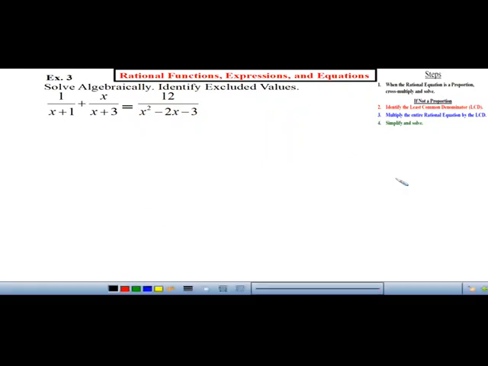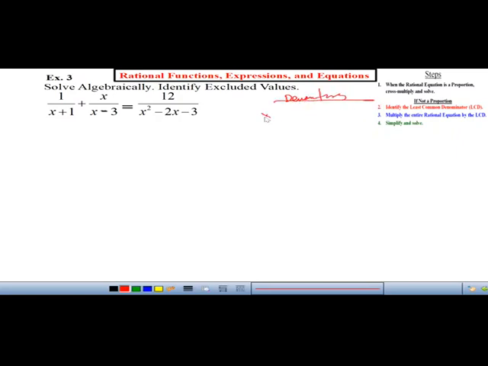We got 1 over x plus 1 plus x over x minus 3 equals 12 over x squared minus 2x minus 3. Is it a proportion? No, Mr. Q. All right, so let's write the denominators over here.